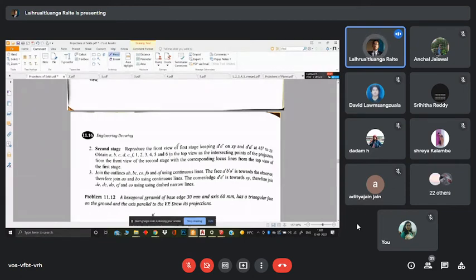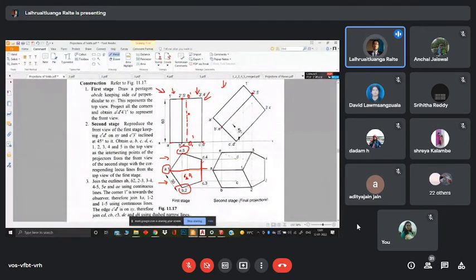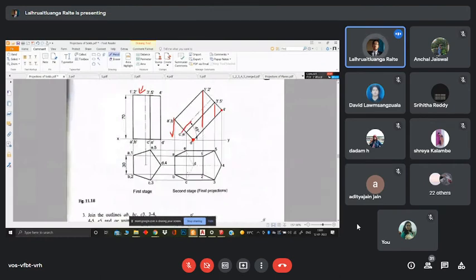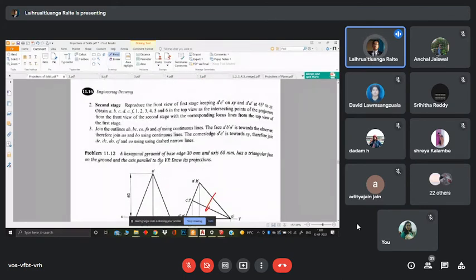In our first example, we had an edge touching the horizontal plane, and here a corner is touching the horizontal plane. In this particular condition, we are going to have one entire face resting on the horizontal plane. So that means we are going to let it entirely flip.